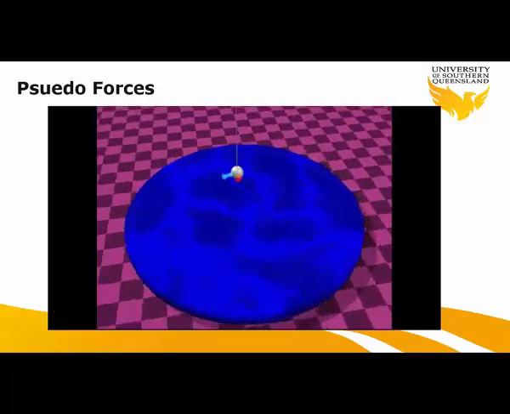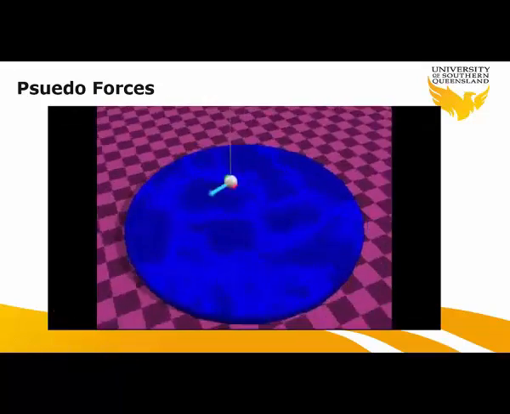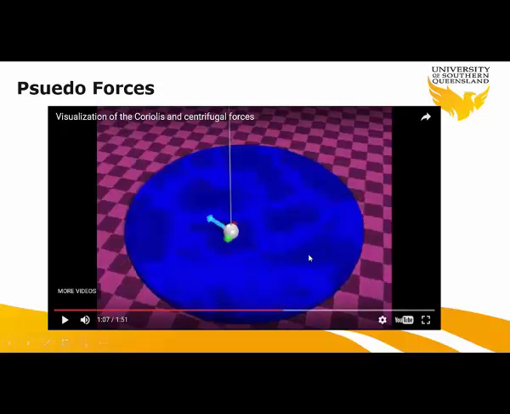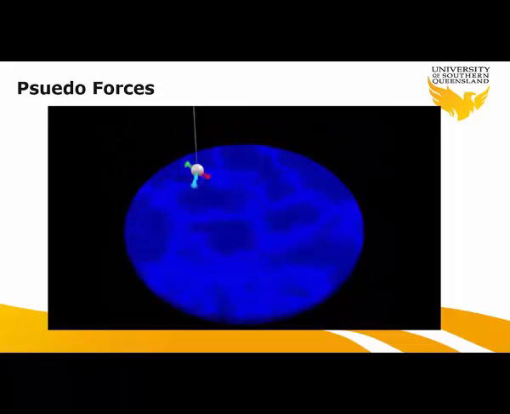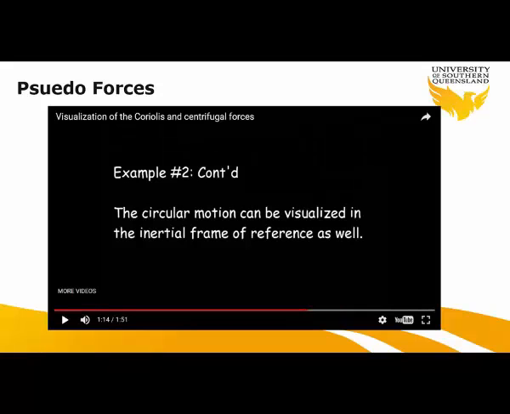So in this case you can see I'm looking at it with respect to the frame of reference. So if you map the footage of that movement, it's going to look like a circle.